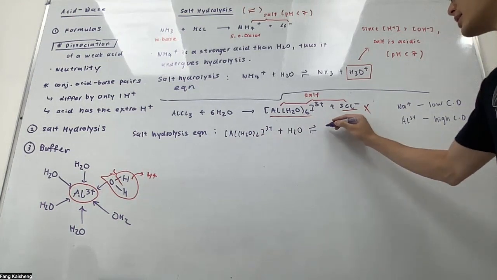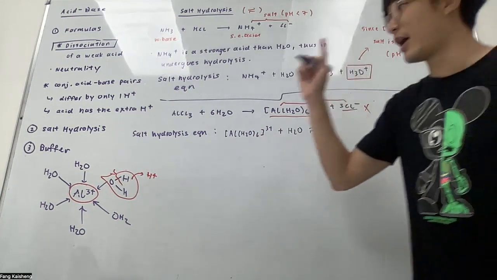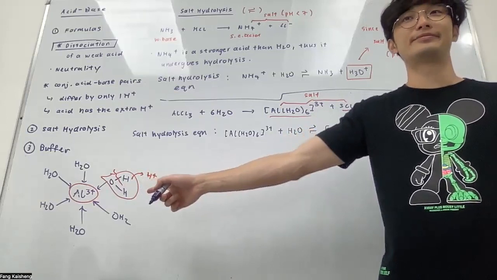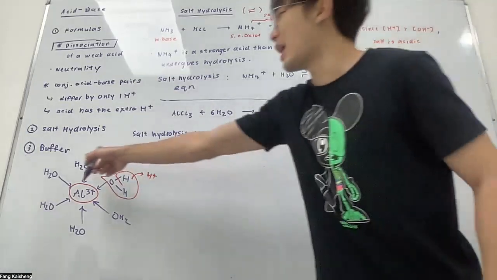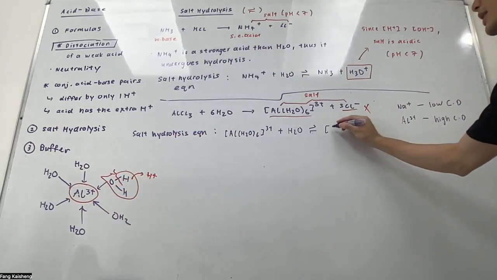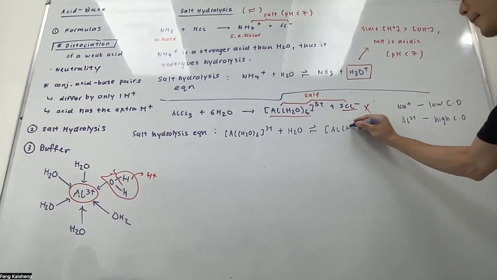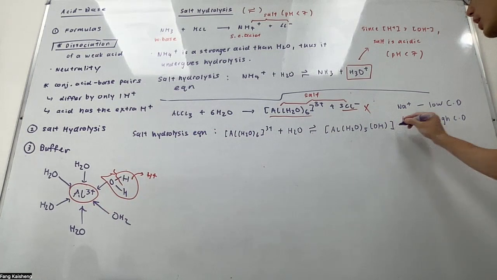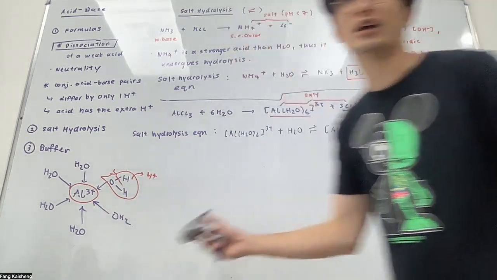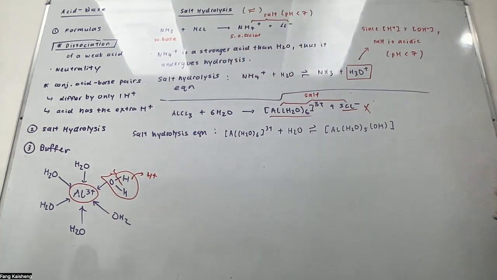Reversible equation. Now guys, how many water molecules do I have left in the diagram? I am only left with 5 water molecules, right? What happened to the 6th water molecule? It became OH. Can I ask what's the overall charge in this case?